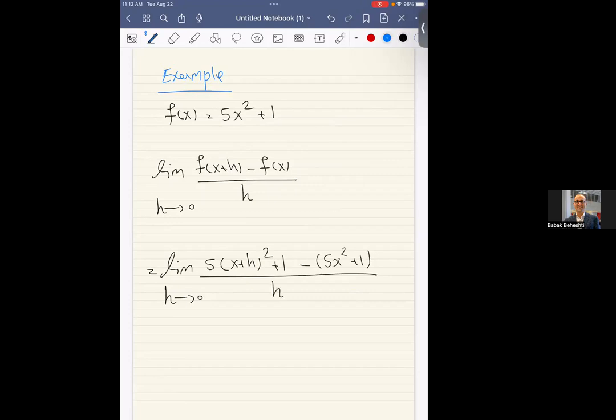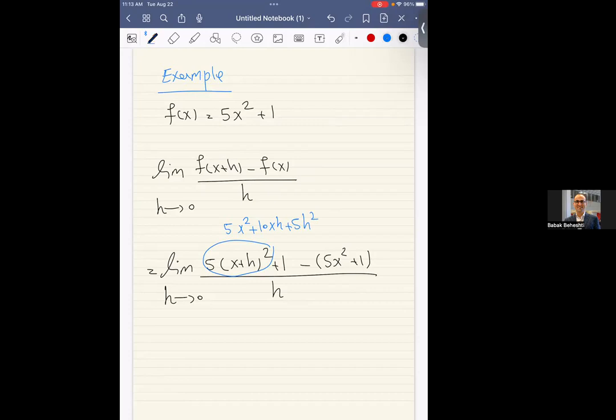Right? Now, what is x plus h squared? 5 times x plus h squared. X plus h squared is x squared plus h squared plus 2 times x times h. So this is just 5x squared plus 10 times xh plus 5h squared, and then plus 1.